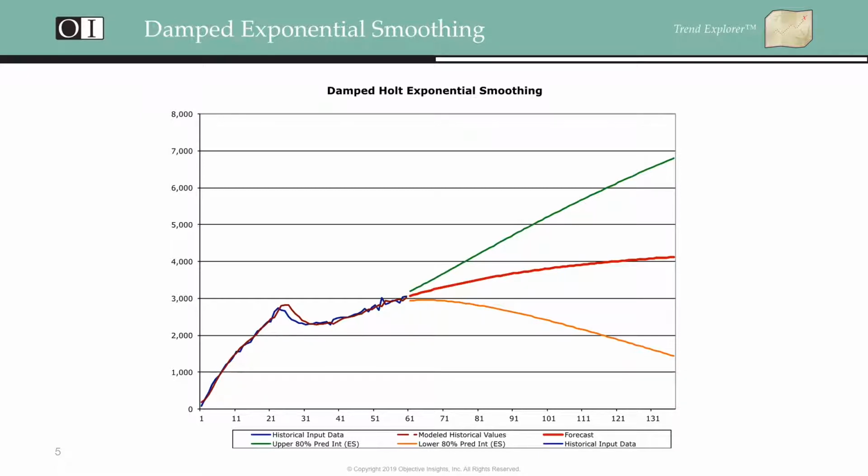Those are the 80% prediction intervals, and the 80% band is user settable. It means that 80% of the time, the results will be within the orange and the green line. Conversely, 10% of the time they'll be above the green line, and 10% of the time they'll be below the orange line.